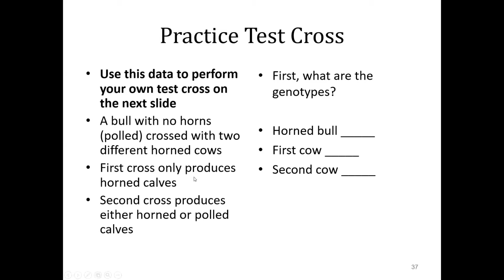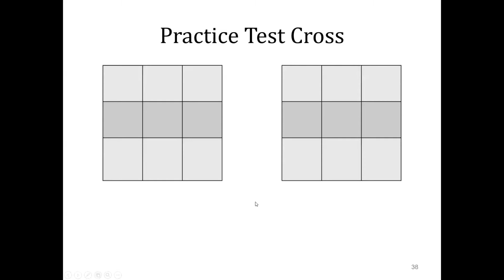The first cross only produces horned calves. The second cross only produces horned or polled calves. So what I've done is I've given you your Punnett square boxes. I told you what the offspring were. Now it's up to you to figure out what the parents are. If you can do this, you're guaranteed to be able to answer those questions on the test.